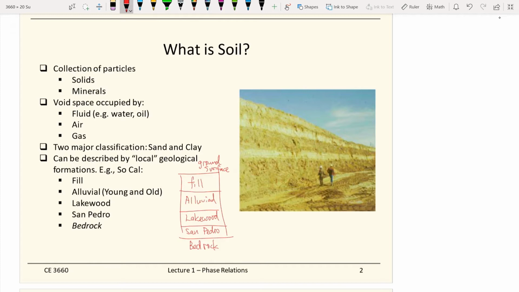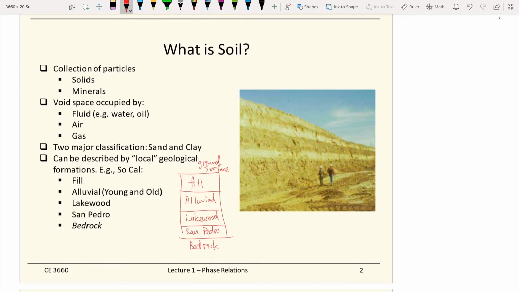The formation of these geological settings is based on geological time, and soil layers are usually formed by sedimentation. Throughout geological time, we are talking about hundreds to thousands of years. Each soil layer is formed, and obviously the youngest layers are on top and the oldest formations at the bottom.